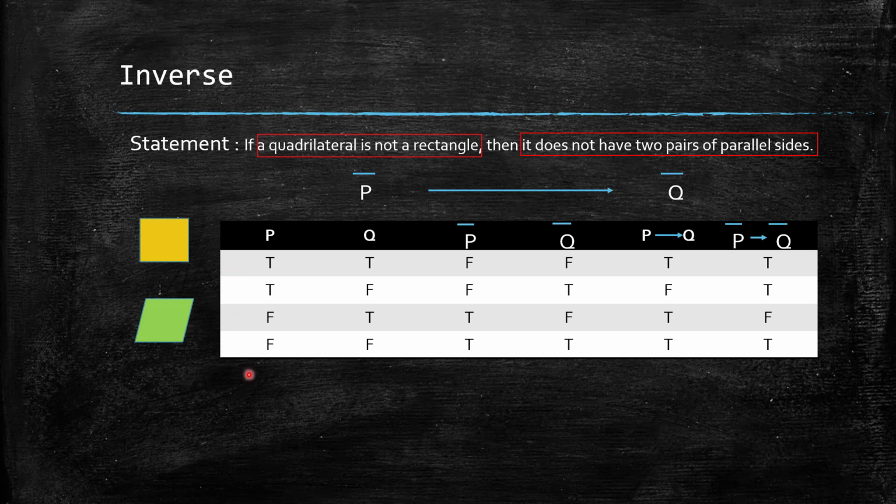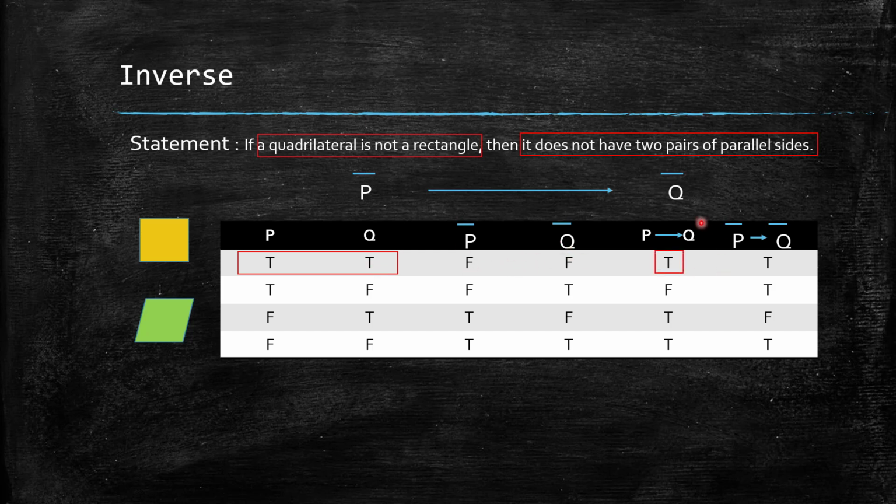If I look at the truth table over here, we have P, Q, P bar and Q bar. We already saw what P implies Q is. Now let me analyze P bar implies Q bar. Our current statement P implies Q means both P and Q were true, so P bar and Q bar will be false over here.